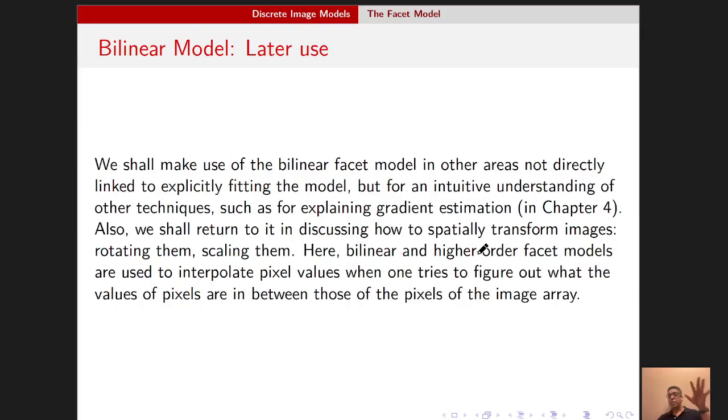Okay, so that's the practical use of the model, as I said, in image interpolation. But we're also going to see how to use this in performing geometric transformations on images, where there's a technique that we call interpolation.